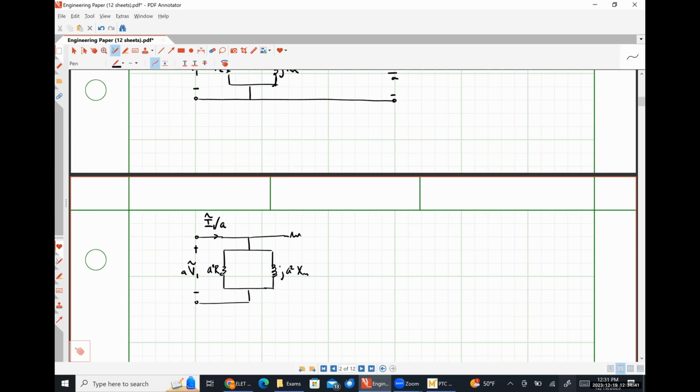Then we're going to have our equivalent resistance referred to the secondary side. So this is going to be A squared RP plus RS. Then we have our reactance. So j times A squared XP plus XS.